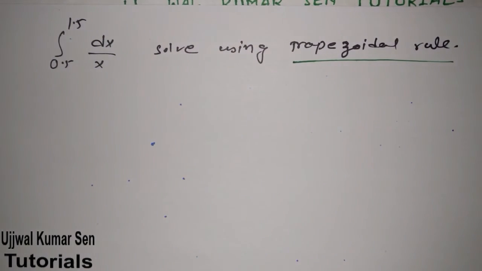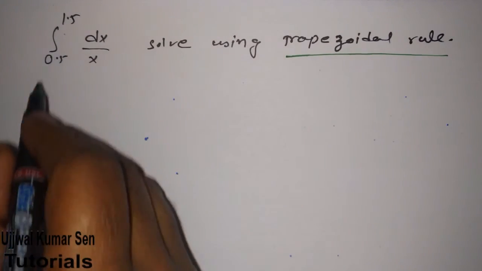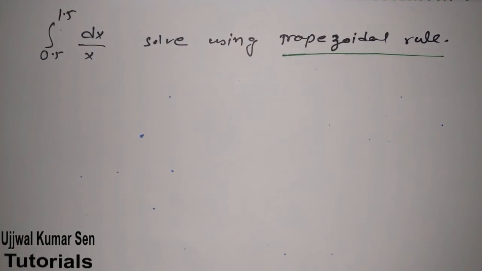If I solve the question directly using the conventional method, we will get the exact value, and the value we get after implementing the trapezoidal rule is different. There is a difference between both.